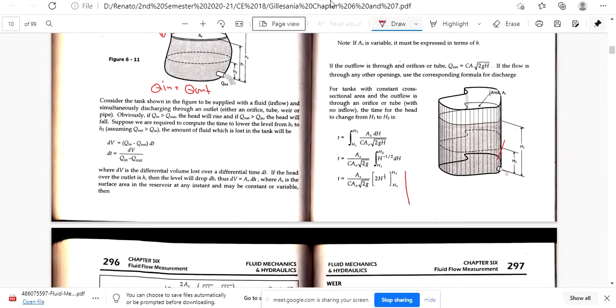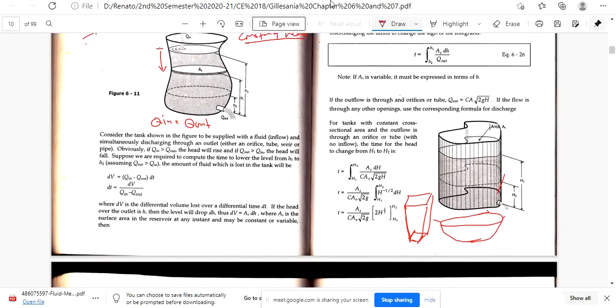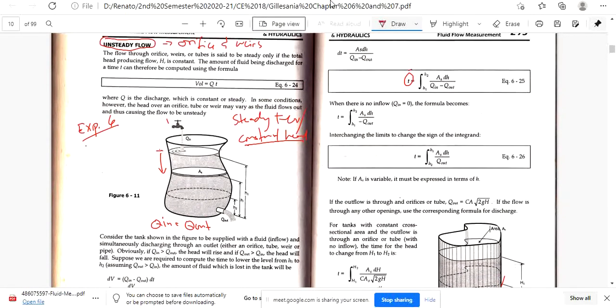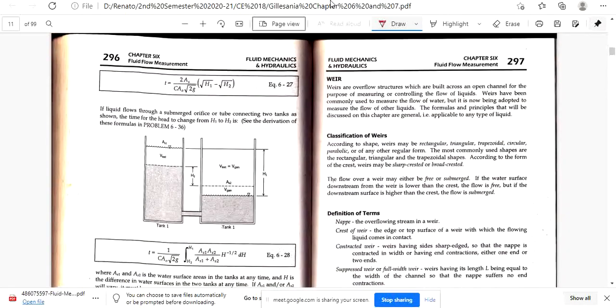For example, your tank is a frustum, so the cross-section gets smaller. Or even a hemispherical tank like this, where your cross-section at the top is the greatest and then it gets smaller. So there's a variation in your cross-section, that's why you have to use this equation or this one.